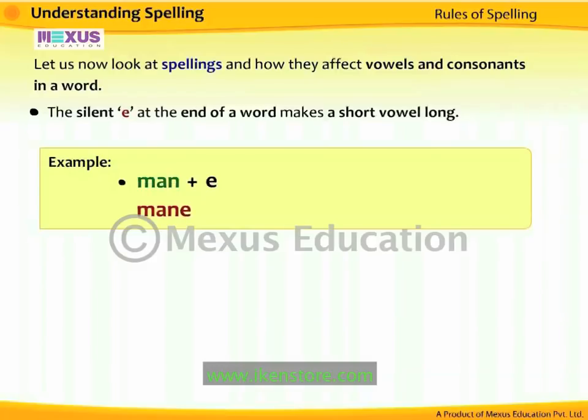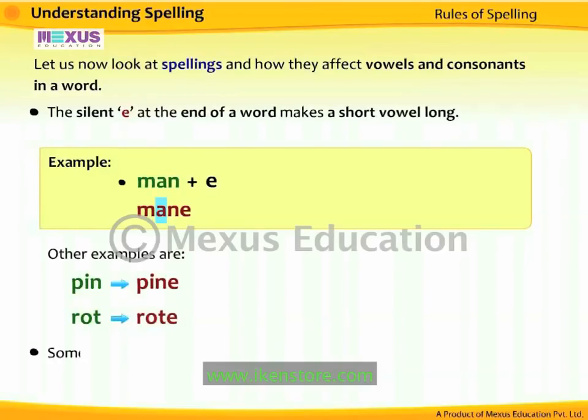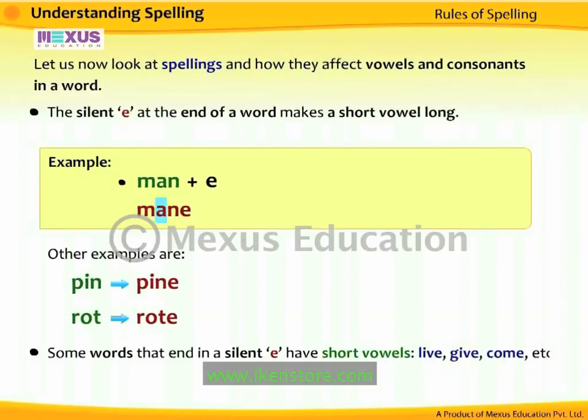The E in main is silent and it lengthens the short vowel in main. Other examples are pin and pine, rot and wrote. Some words that end in a silent E have short vowels such as live, give, come, etc.